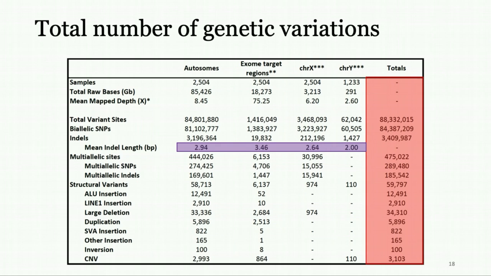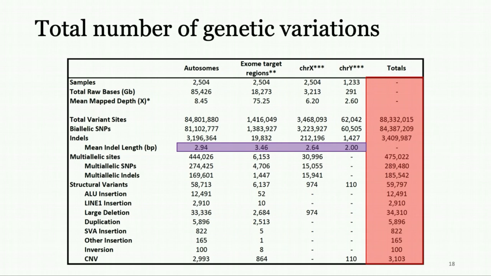And they also have about 3 million indels. One interesting thing to notice is the length of the indels. An indel is an insertion-deletion polymorphism, so we can determine how long the insertion or deletion is. On average, it's only about 3 base pairs long. So most of the indels they found with this technology are very short.